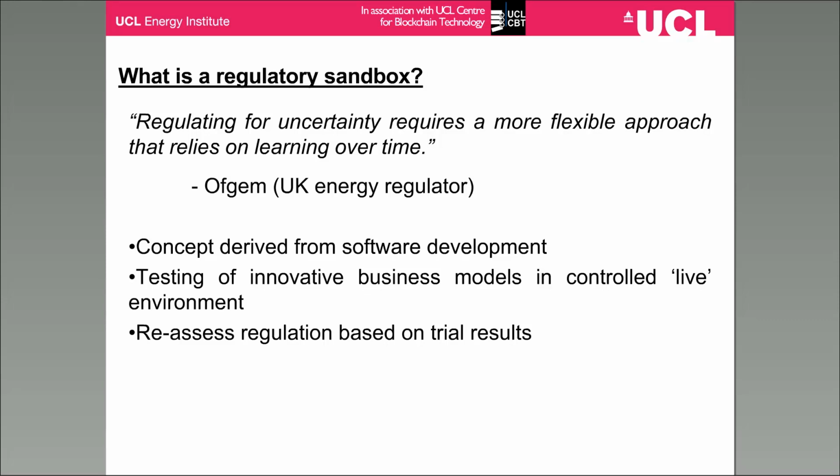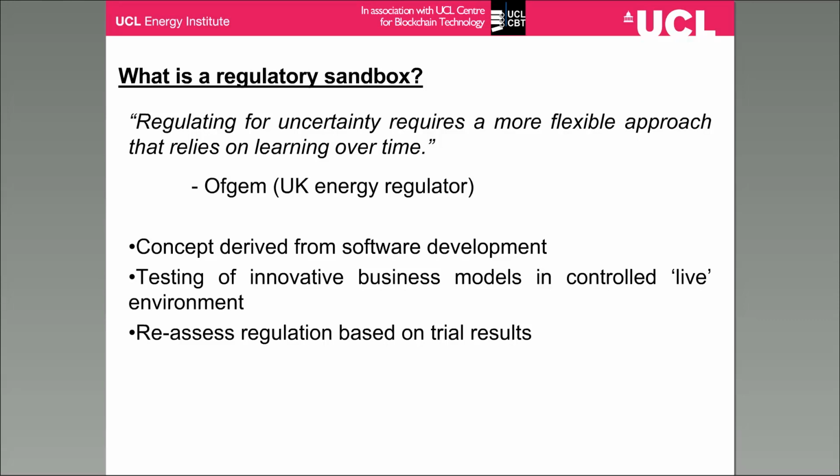amount of time. During the trial you also get derogations. This is important. Any obstacle in the law that you think is stopping you from rolling out your business model, that obstacle is removed for you. You then get a derogation from the law. For example, peer-to-peer energy trading is not legal in many countries.